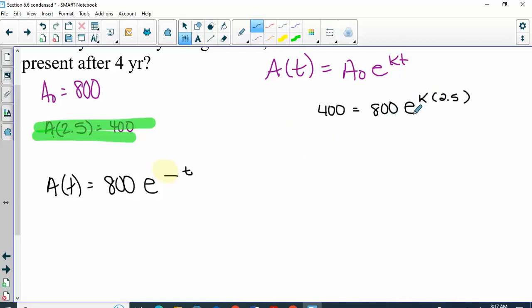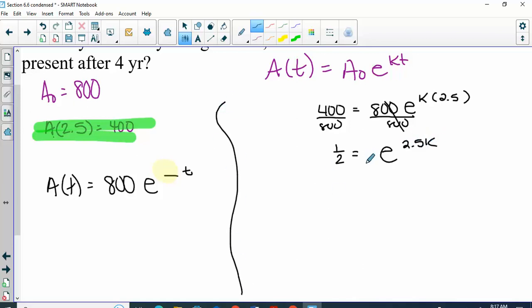So if I were trying to solve this equation, what would you do with your 800? Divide. Okay, so 400 divided by 800 is 1/2, equals e to the k times 2.5, I'm just going to write that as 2.5k. How did we solve equations like this?